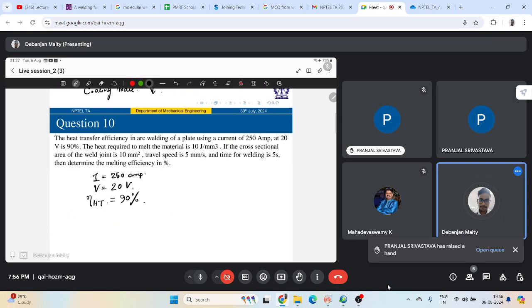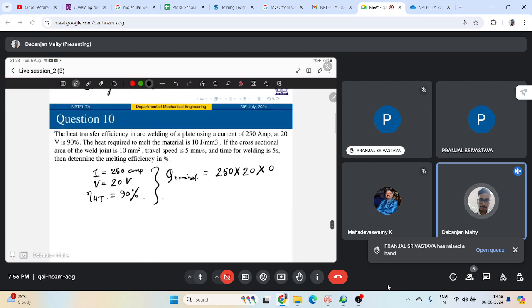So what is my nominal power for this power source utilizing the heat transfer efficiency? So my Q nominal is equal to V into I into 0.9, right?